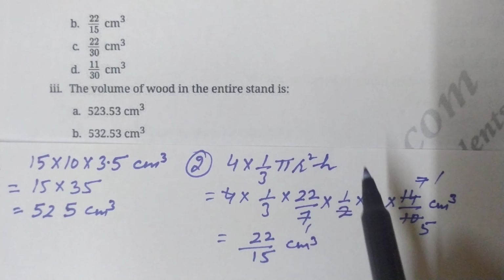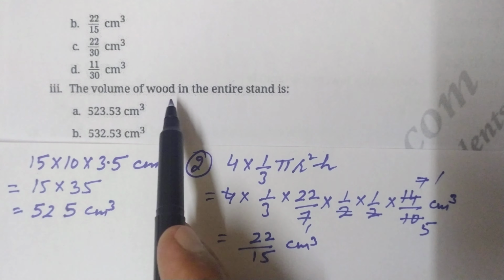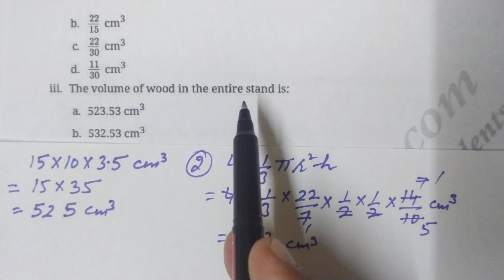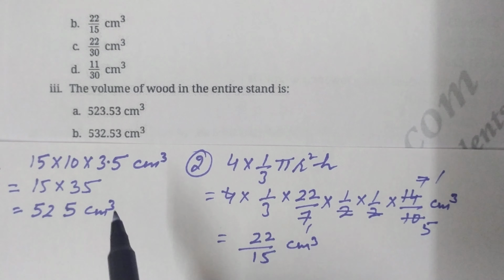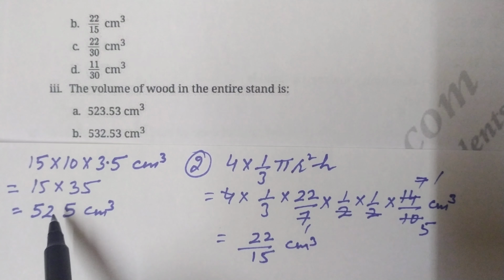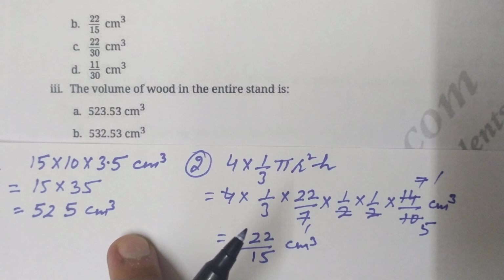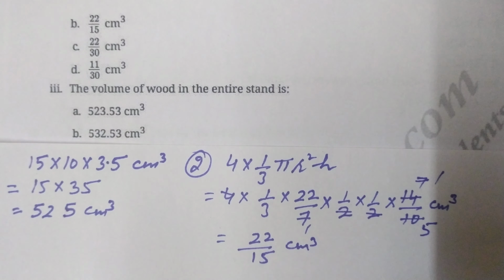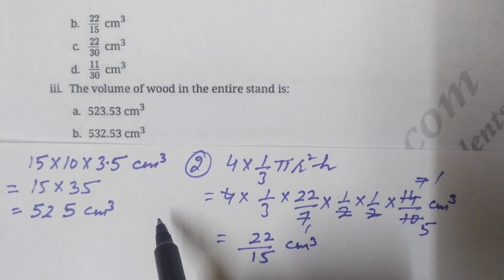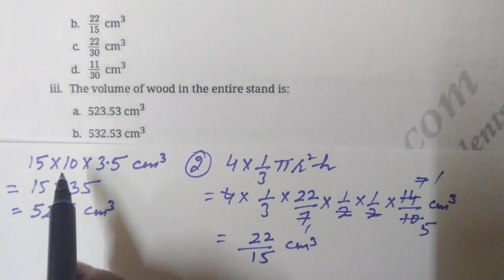Here we are to find out the volume of the wood in the entire stand. So the volume of the wood will be the volume of the cuboid minus the volume of the 4 conical depressions, because from the wood there are 4 conical depressions. Wood is taken out from the cuboid. How have we made this pen holder? We have taken out the wood of 4 conical depressions from the cuboid.